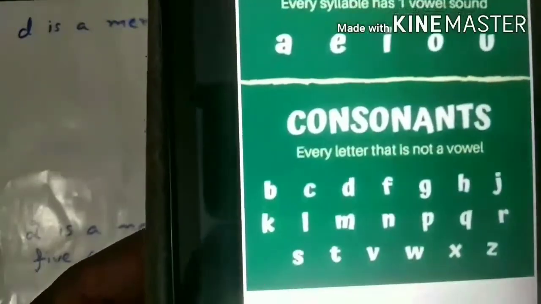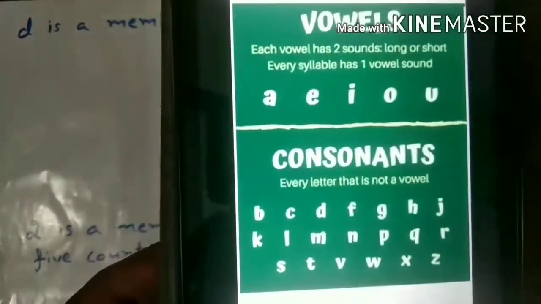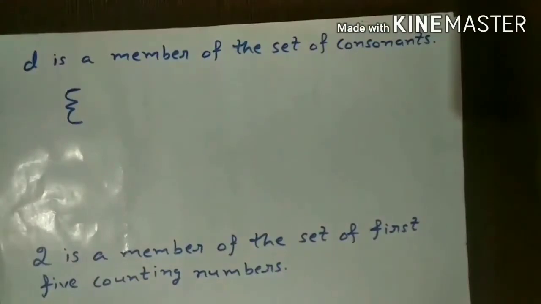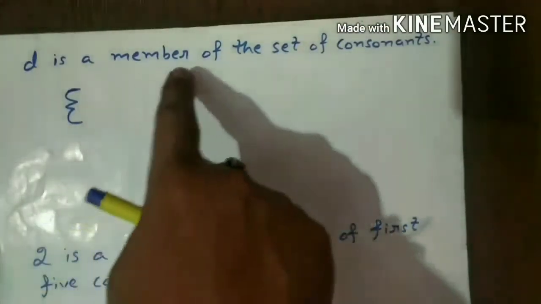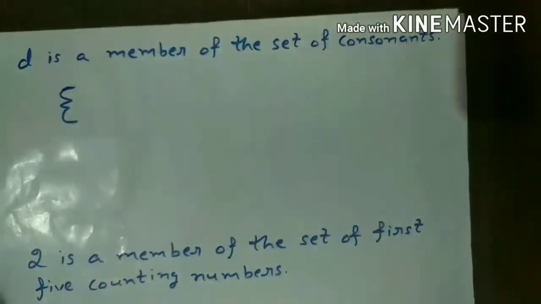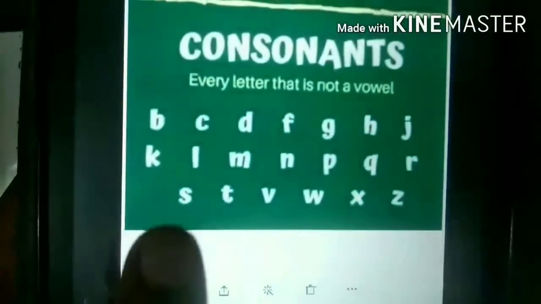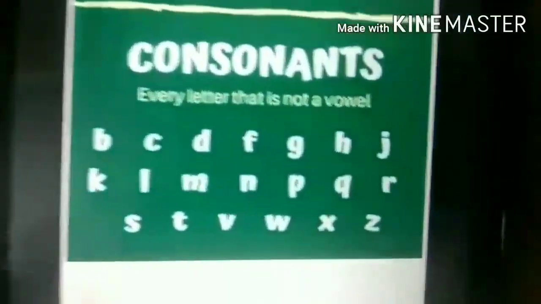Now I will write the members of the set of consonants. To write the set of consonants, I will write all the members in the set.